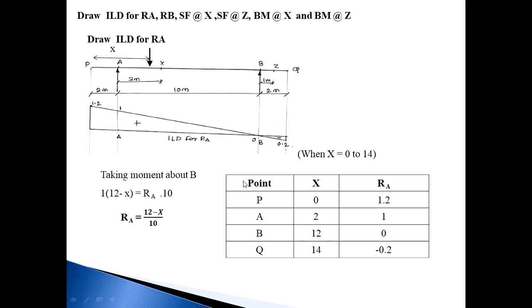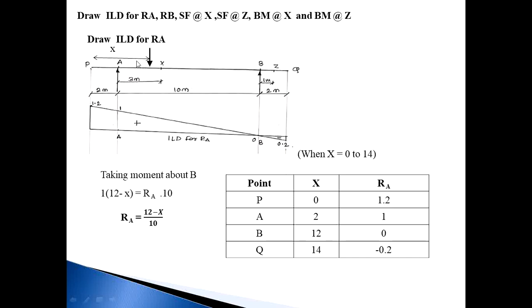So plot a table of X and RA. Suppose this point load is now at point P, then the X value is 0 because X is measured from point P. Put X equal to 0 in this equation: 12 minus 0 divided by 10, then RA becomes 1.2.